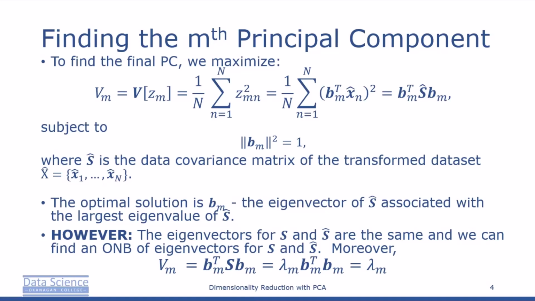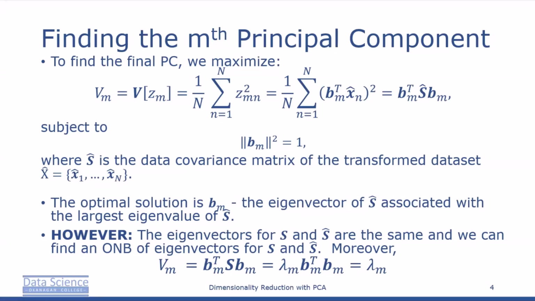As previously, when we looked at the first principal component alone, we will solve a constrained optimization problem and discover that the optimal solution, bm, is the eigenvector of S hat that's associated with the largest eigenvalue of S hat.